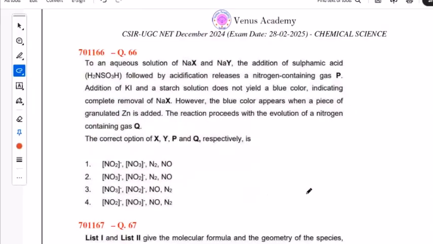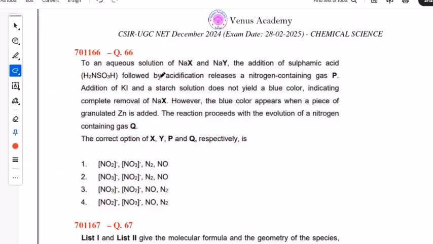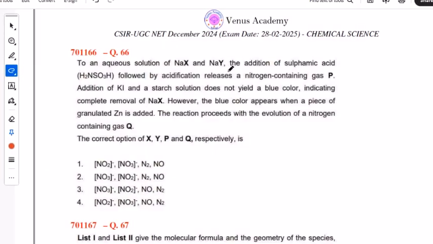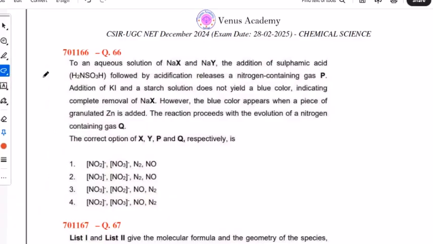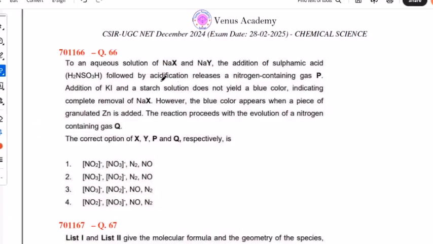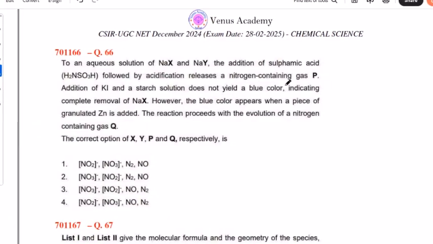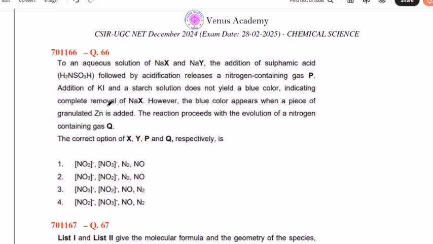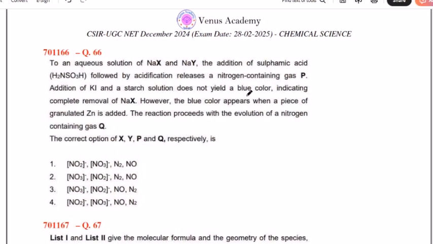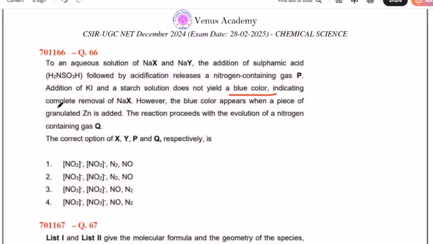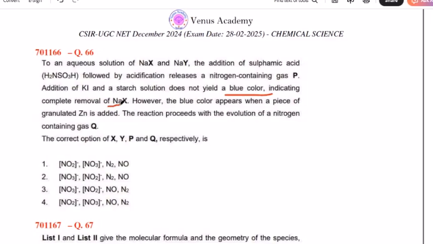Next, question number 66. To an aqueous solution of sodium X and sodium Y, the addition of sulfamic acid, NH2SO3H, followed by acidification releases a nitrogen containing gas P. Addition of potassium iodide and a starch solution does not yield a blue color, indicating complete removal of sodium nitrite.